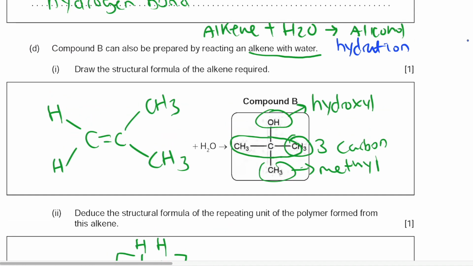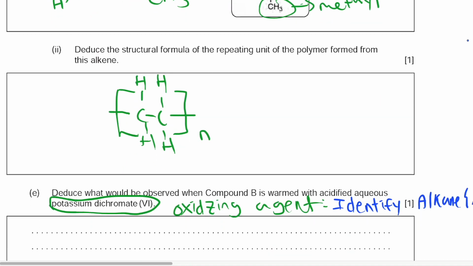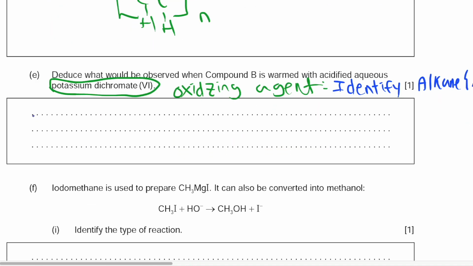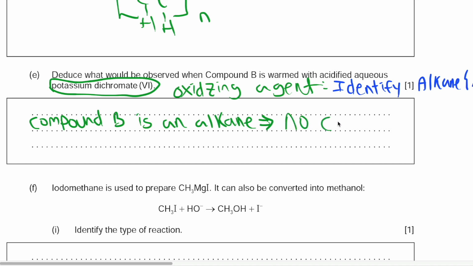And we know that compound B is an alkane. So let me write this down. Compound B has only single bonds, so it will be an alkane, right? This tells us there will be no color change.